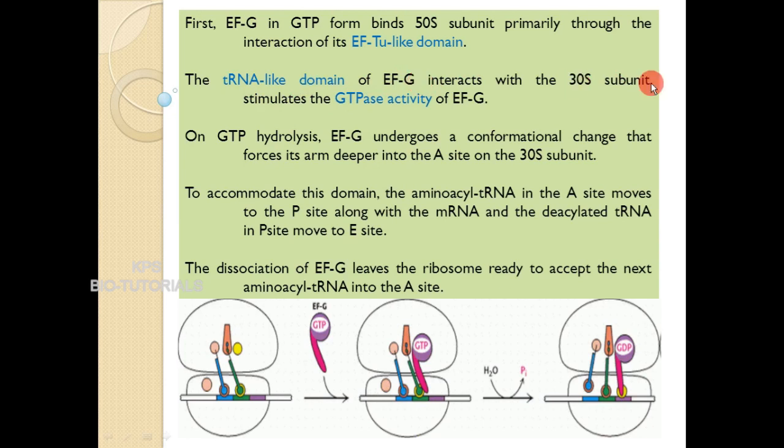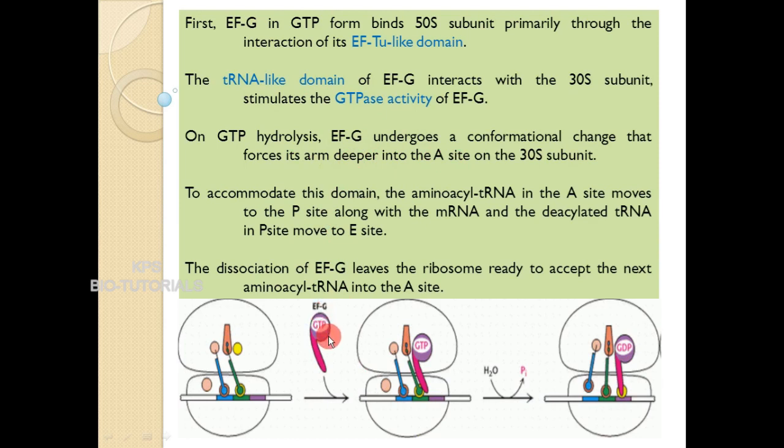The interaction of EF-G with the 30S subunit stimulates the GTPase activity of EF-G. Due to this GTP hydrolysis, EF-G undergoes a conformational change. Due to that conformational change, the tRNA-like domain of EF-G is forced to bind deeper into the A site on the 30S subunit.